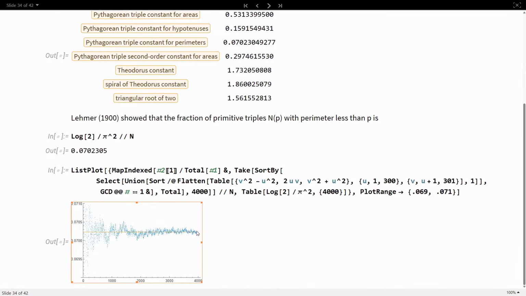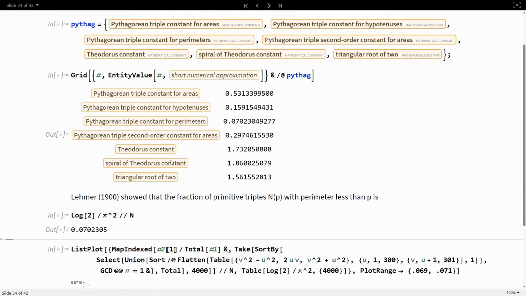So we've got about 4,000 triples here, showing that this perimeter constant is correct. We also have things like the square root of 3 and so on.